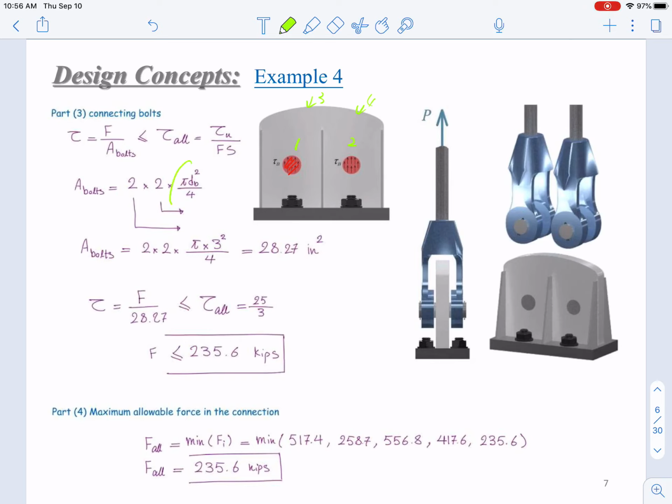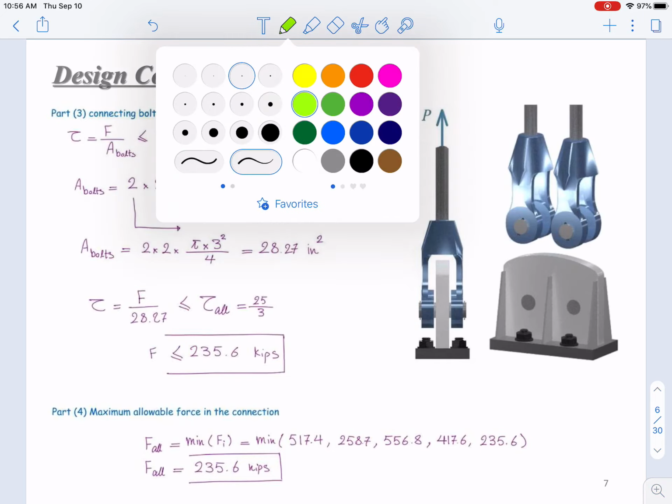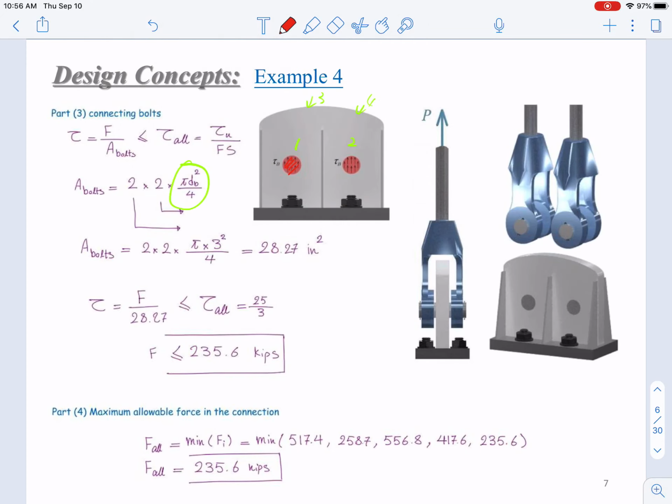One of them is pi d squared over 4. Then you get the area, and the F, of course, here is V equals F. So F over the cross-section area is not higher than the allowable shear stress. Okay, you get to the 5th.